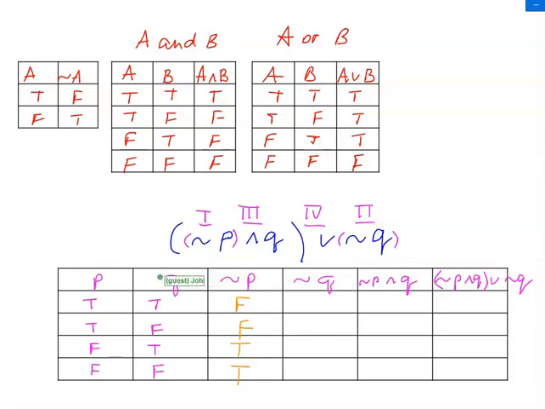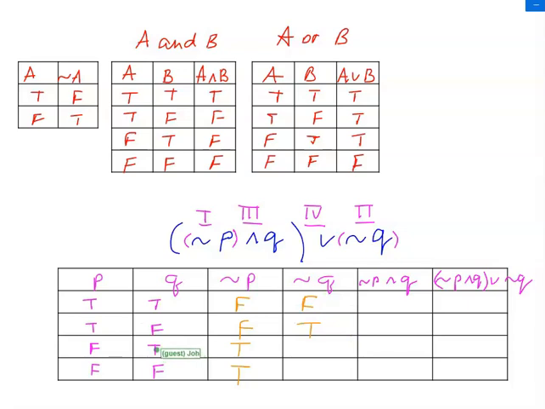Then we would do the negation of Q. In this row, Q has the value true. So not Q would have the value false. Not Q would have the value not false, which is true.